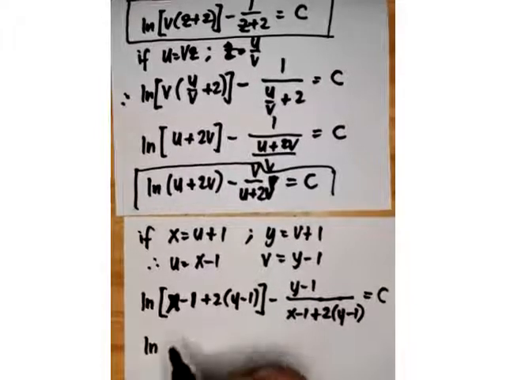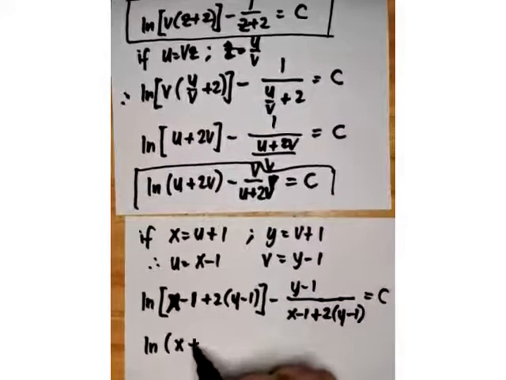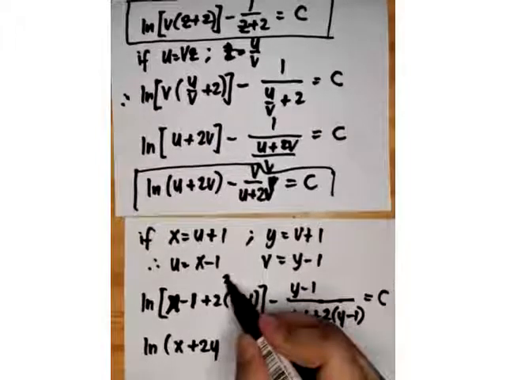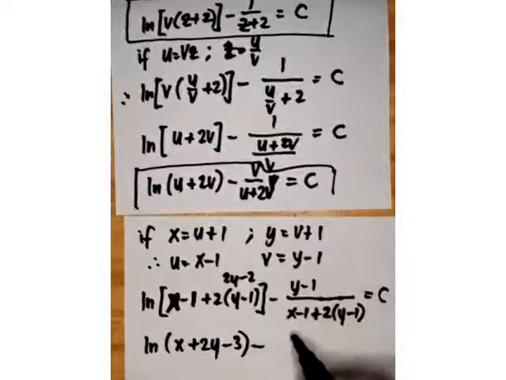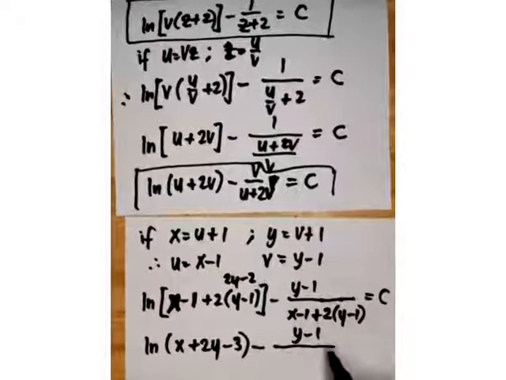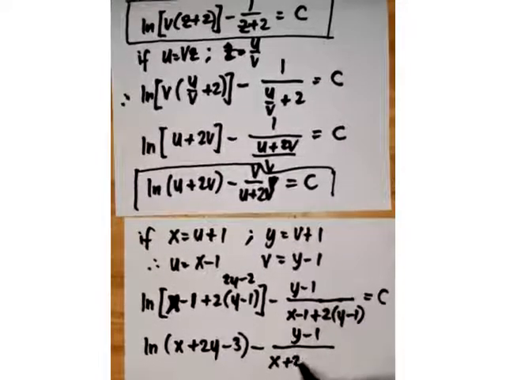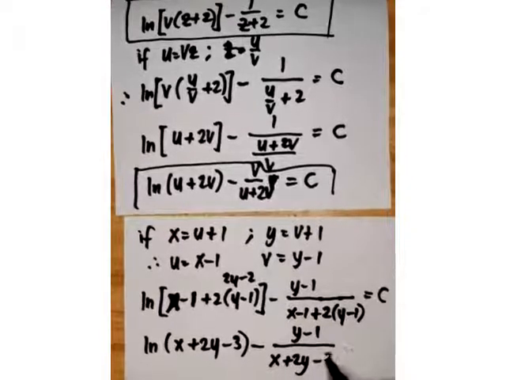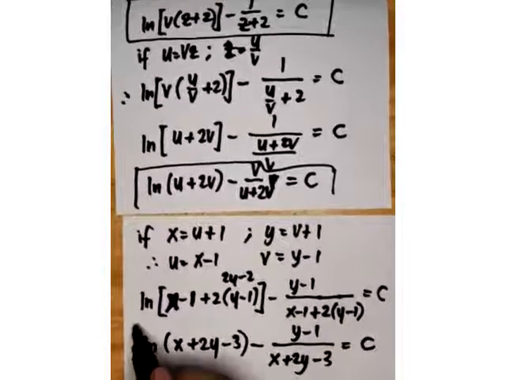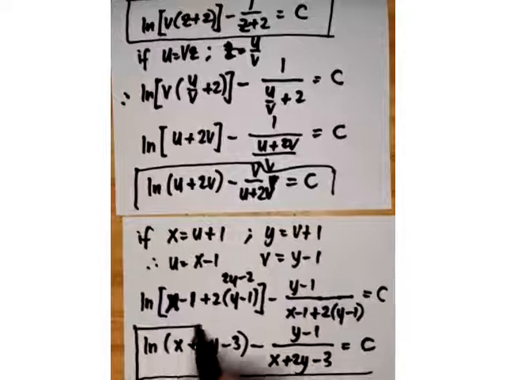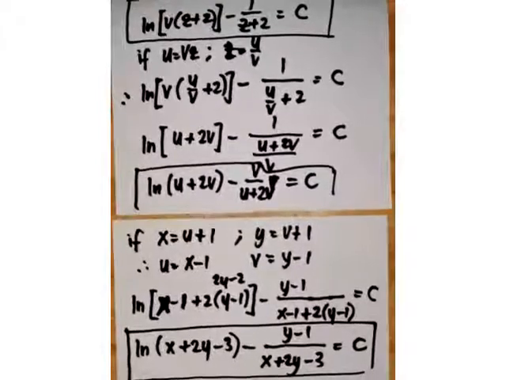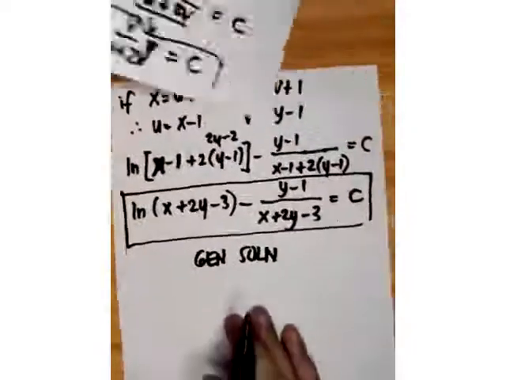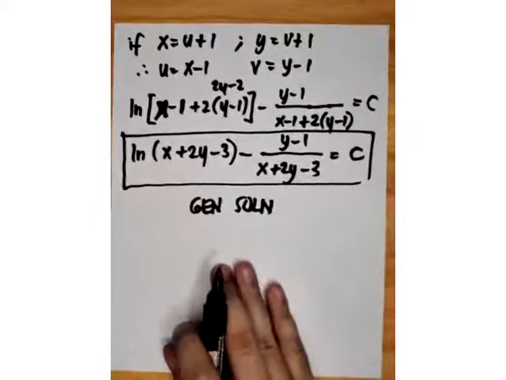So, ln of x plus 2y. So, ito ay 2y minus 2 minus 3 minus y minus 1 over x plus 2y minus 3 is equal to c. Ayan. So, this is our general solution.